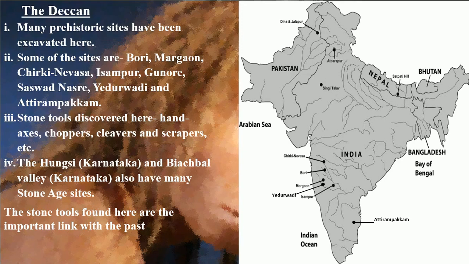So in the Deccan, many prehistoric sites have been excavated, and some of the sites are already given, and I have shown them on the map as well: Bori, Margaon, Chirki Nevasa, Isampur, Gunnor, Sashwad, Nasre, Yedurwadi, Atiram Pakkam. The stone tools discovered from here are hand axes, choppers, cleavers, and scrapers.